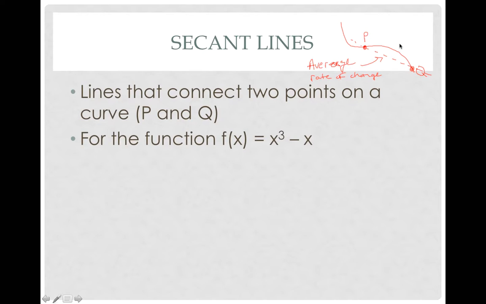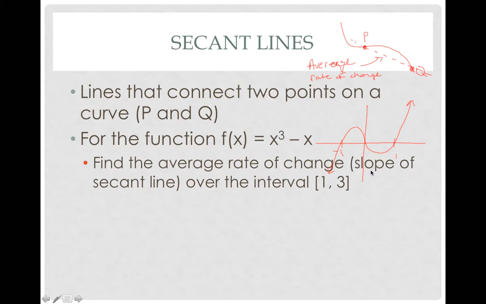So if I was to give the function x cubed minus x, if you were to graph this on your calculator, you would have zeros at -1, 0, and 1, and it would go something along this line here. I could find the average rate of change, or the slope of the secant line.